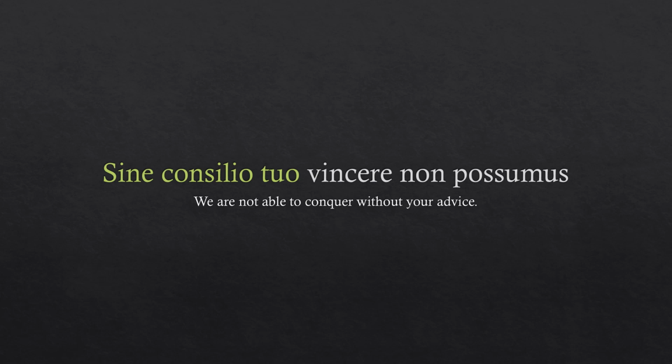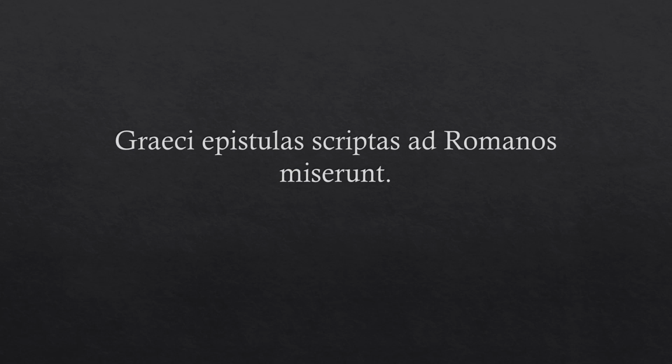Let's do another. How would you translate "Graeci epistulas scriptas ad Romanos miserunt"? The Greeks sent written letters to the Romans. In this sentence, the prepositional phrase is ad Romanos.